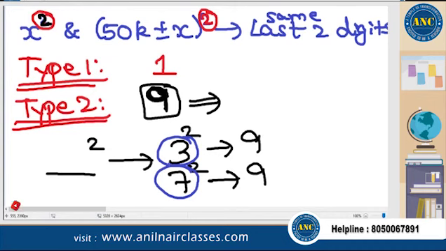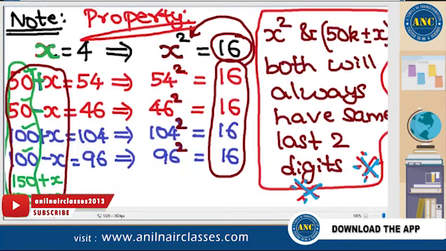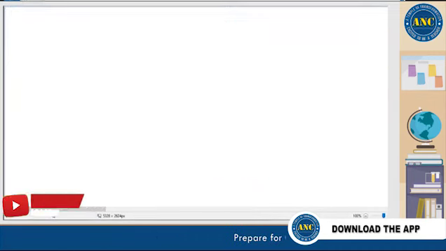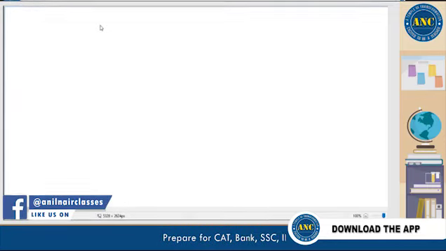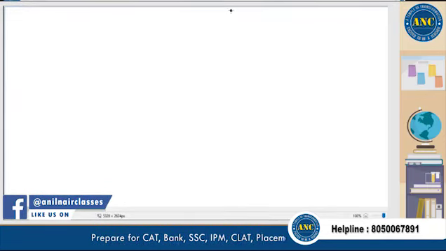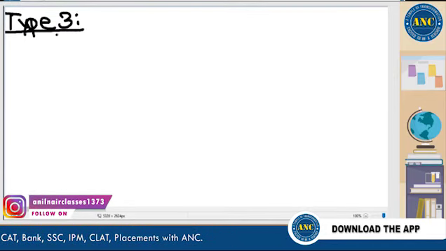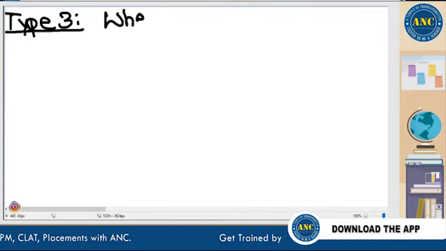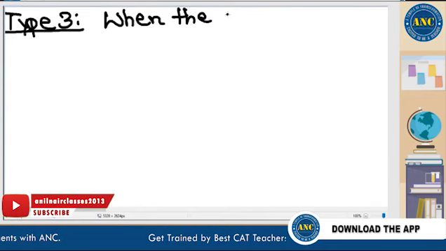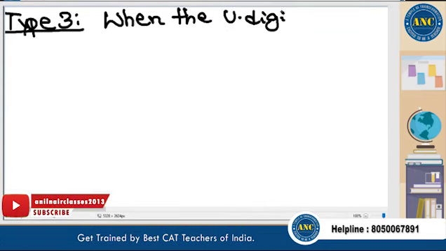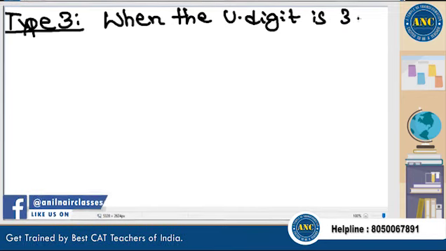Write down the type 3 heading: type 3, when the unit digit is 3 or 7. This is how you need to connect the dots, and this is actually education. This is what you need to understand, how to connect the dots and learn in the easiest way possible.